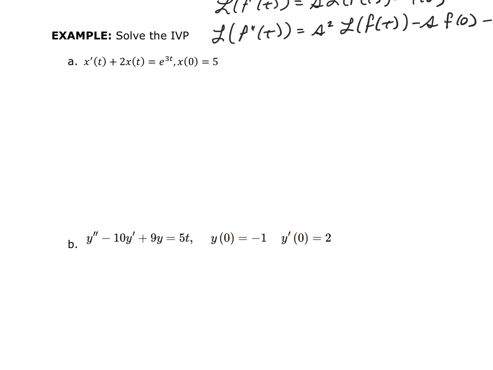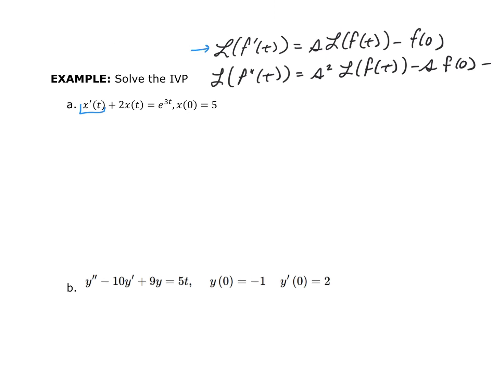So we know that just this portion is going to be replaced with the s of cap X of s, because that's what this is. This is cap X of s. Okay? And then minus cap X of 0.